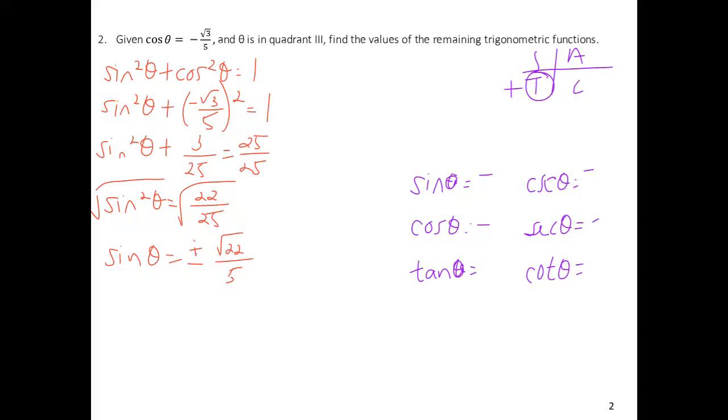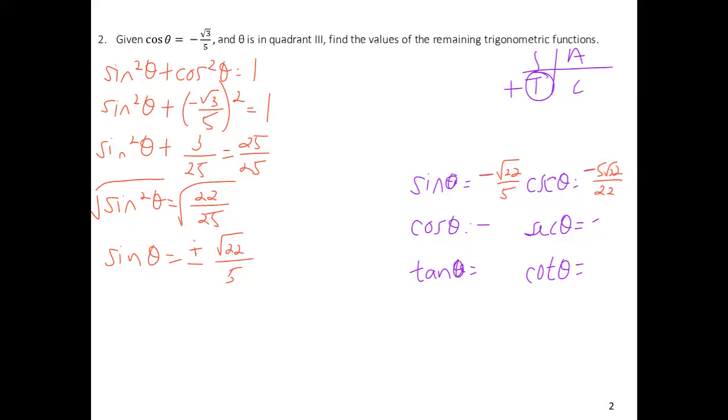So sine of theta would be negative root 22 over 5, which then means, in this case, cosecant, I'm going to skip the rationalizing step. You would still do that, but you will just get negative 5 root 22 over 22.